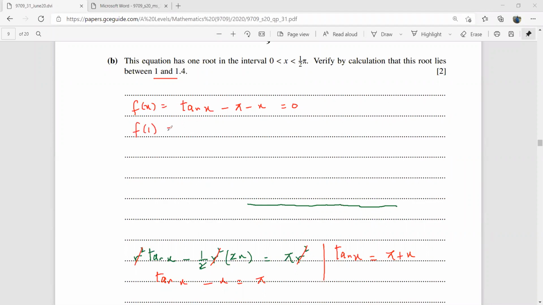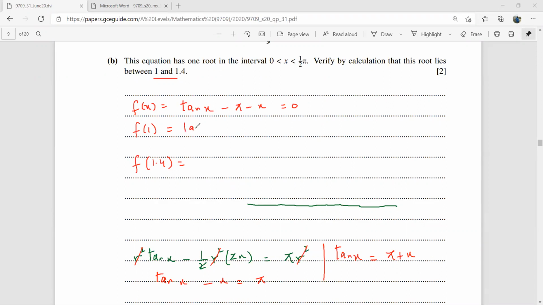Please find that keeping your calculator in radians mode. And then f of 1.4. So if one of them is positive, the other should be negative. And you will say that the change of signs verifies that the root lies between 1 and 1.4. I believe you can do that.